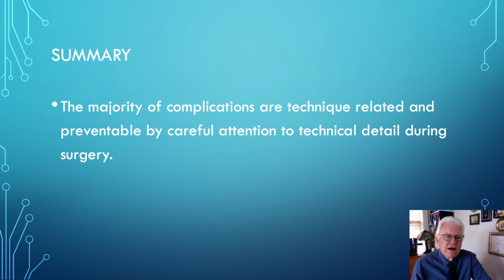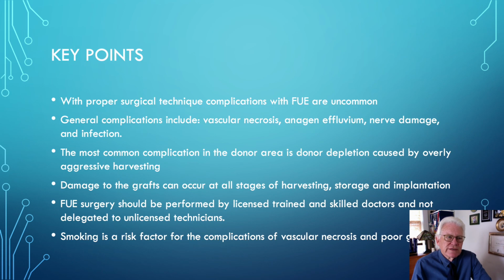The majority of complications are technique related and preventable by careful attention to technical detail during surgery. With proper surgical technique, complications with FUE are uncommon. General complications include vascular necrosis, anagen effluvium, nerve damage, and infection. The most common complication in the donor region is donor depletion caused by overly aggressive harvesting.